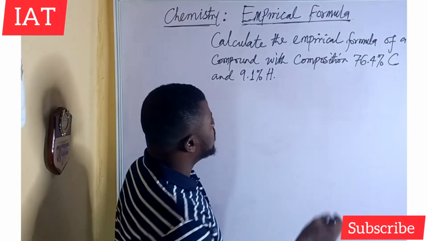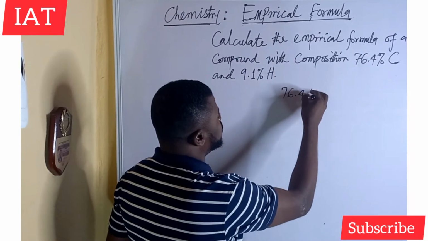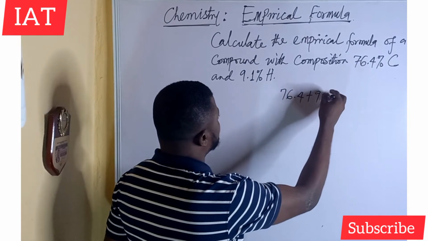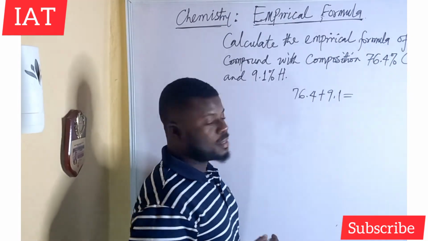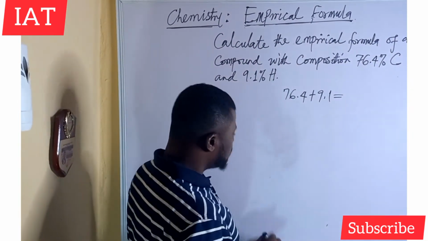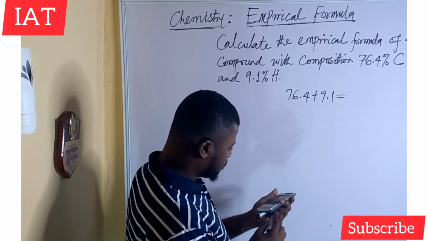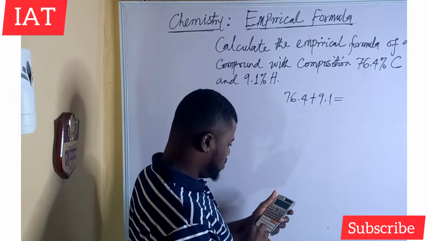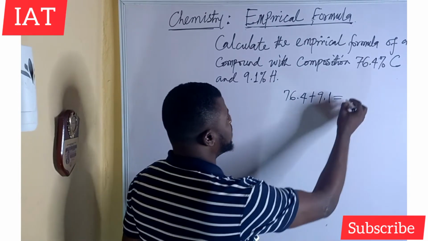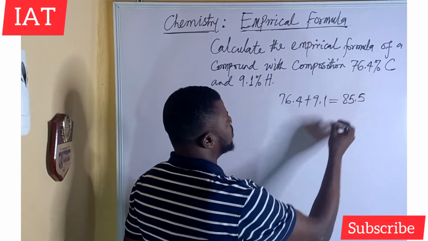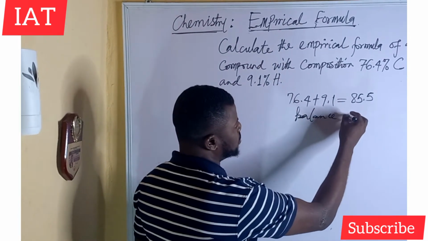In other words, if we have these percentages, we have 76.4. When you add it up to 9.1, if the sum of this does not give us 100, that means the balance will be for oxygen. So let's check what 76.4 plus 9.1 is. The result of this is 85.5. So we'll balance that for oxygen.